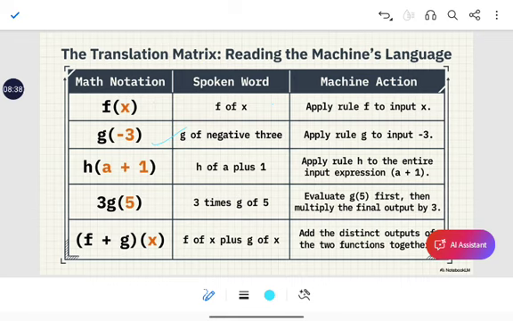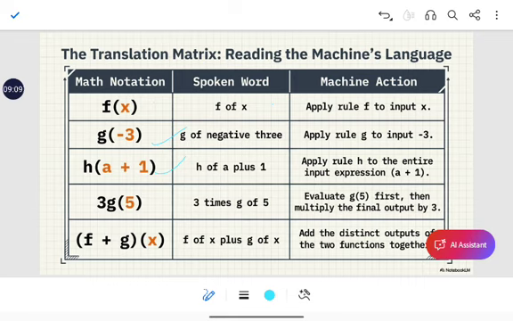Okay, good. This is read as h of a plus 1. What does it mean? Apply rule h to the entire input expression a plus 1. Good. We have 3g into bracket 5, 3 times g of 5.